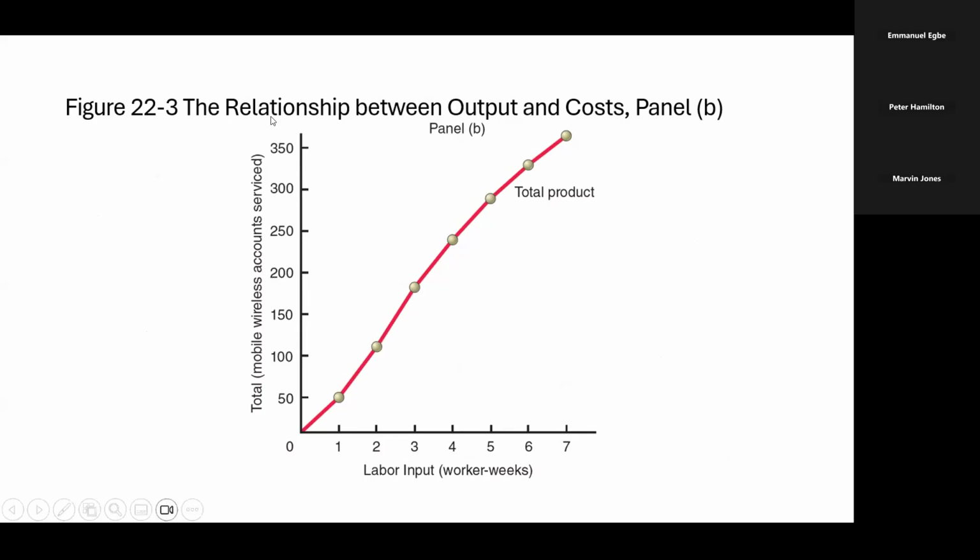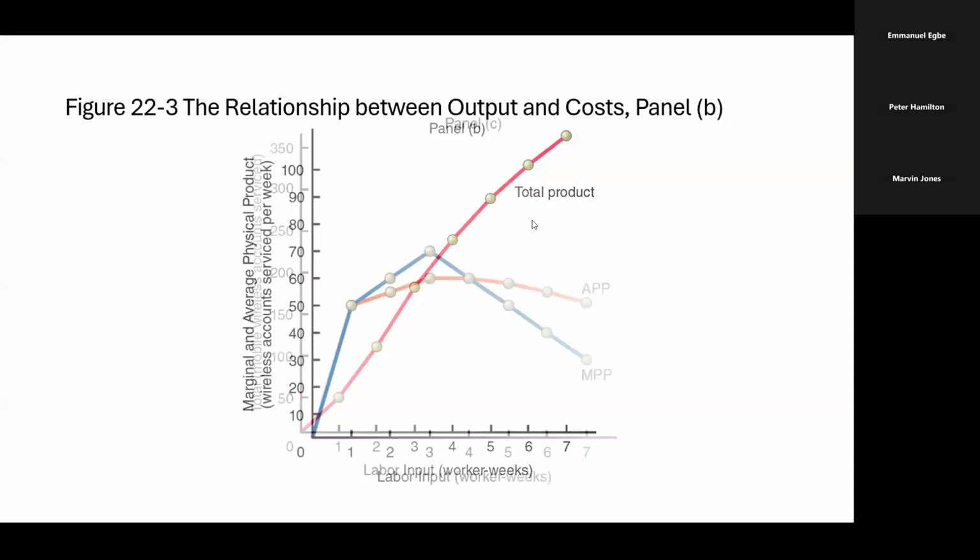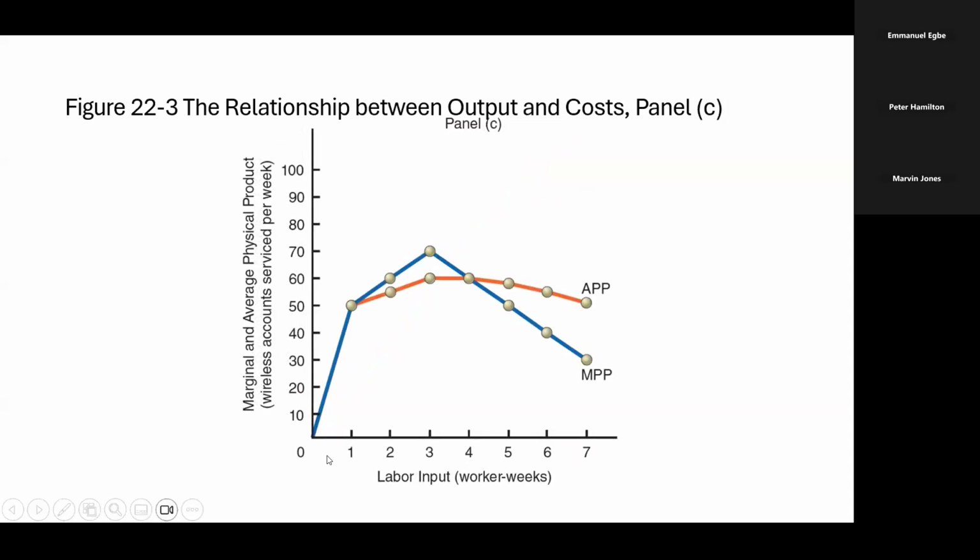So now for this illustration, as you can see here, the more labor you add, the total product will continue to increase. But after a while, when the law of diminishing marginal returns begins to set in, marginal product will begin to fall, and average product will also begin to fall.